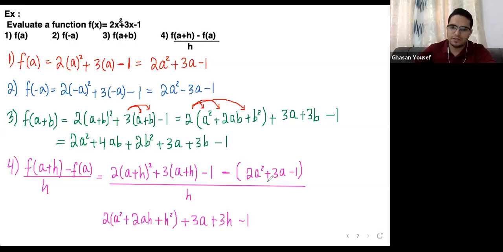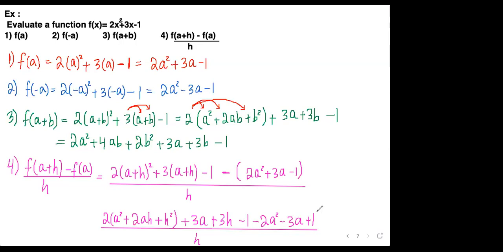And the minus here, I have to distribute inside the parentheses: minus 2a squared plus 3 minus 3a plus 1, everything over h. But here's something good: the minus 1 and the 1 can cancel, because minus 1 plus 1 is 0.